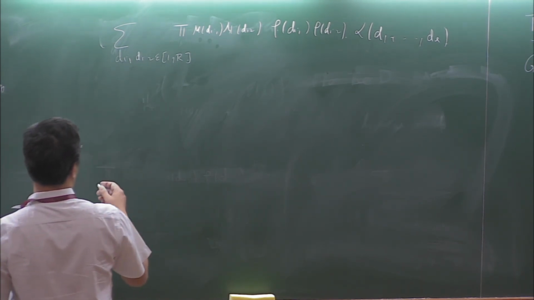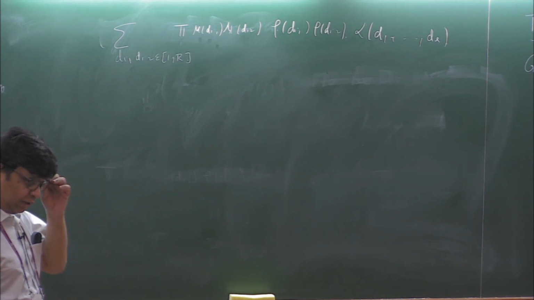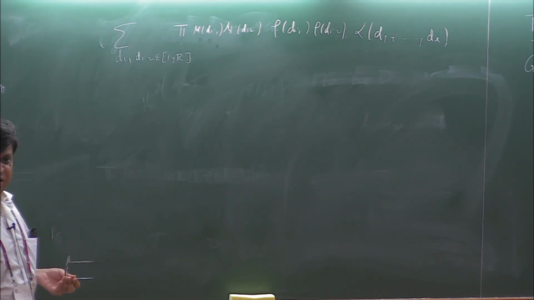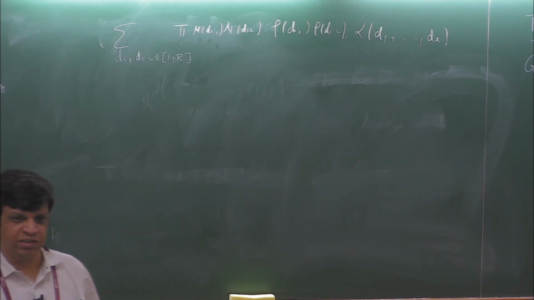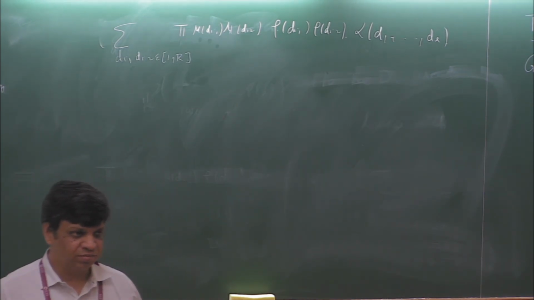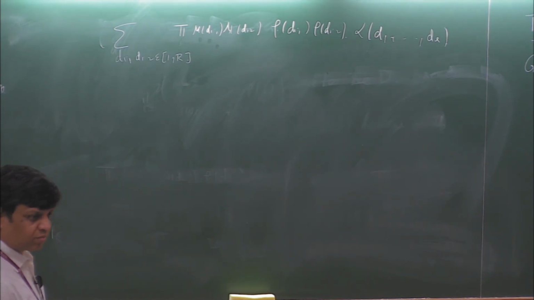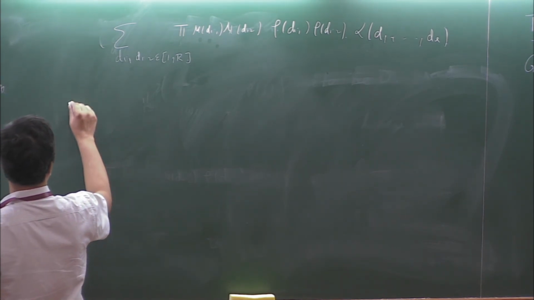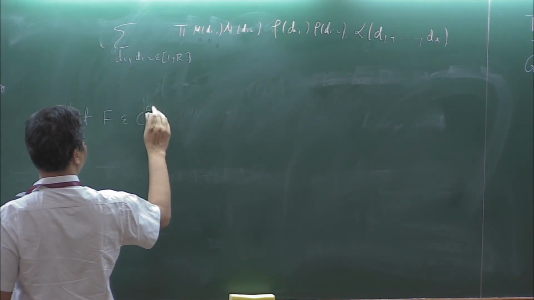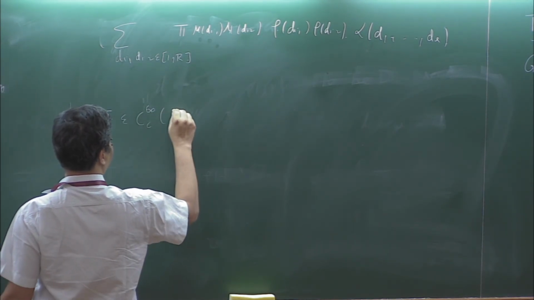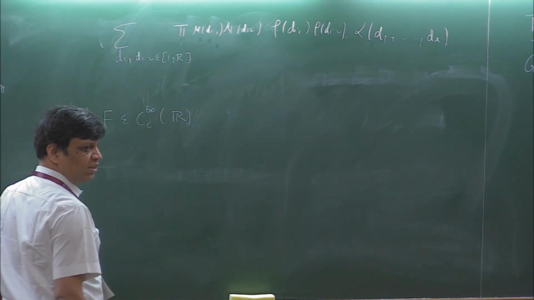Here the Fourier inversion helps. This is a trick which is used not only here but in many places. So let f be a C infinity function with compact support.